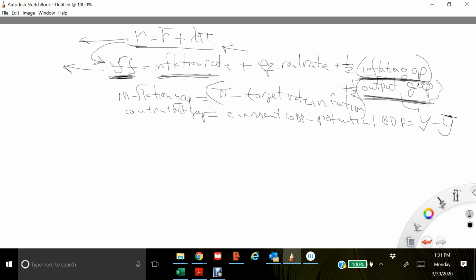Why do we have real interest rates in this equation, as opposed to the federal funds rate, which is a nominal rate?